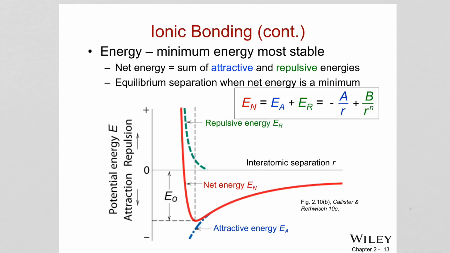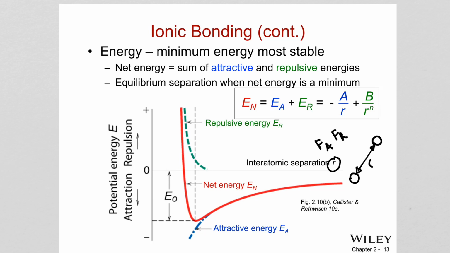When they are far away, separated from each other, there will be two forces at play, attractive forces and repulsive forces. The magnitude of these forces will depend on the interatomic separation distance, R.